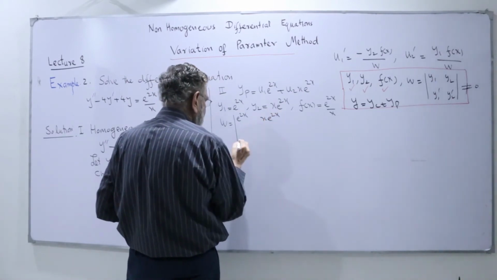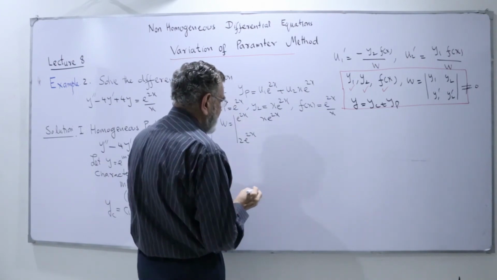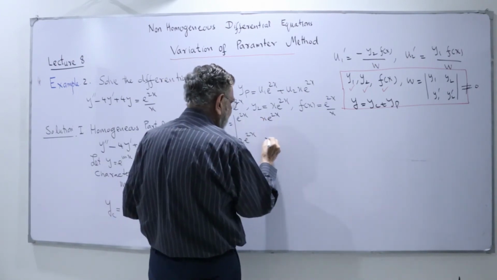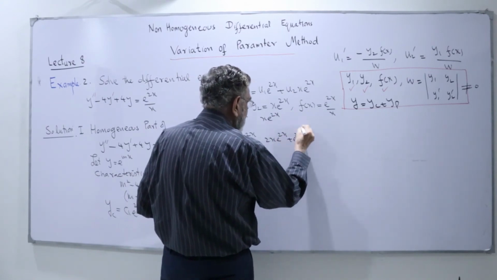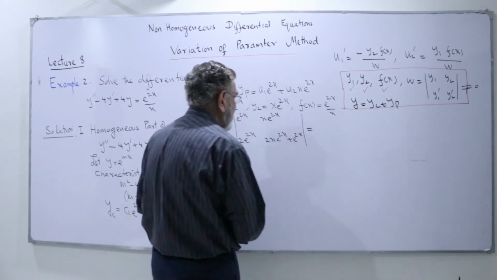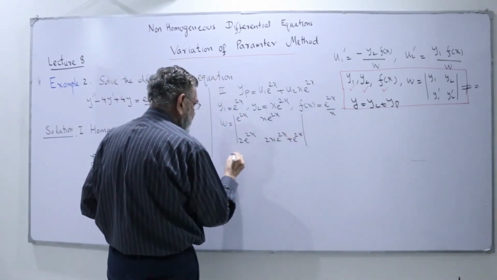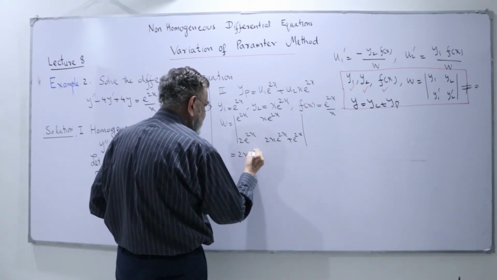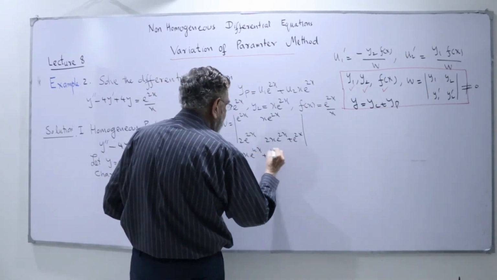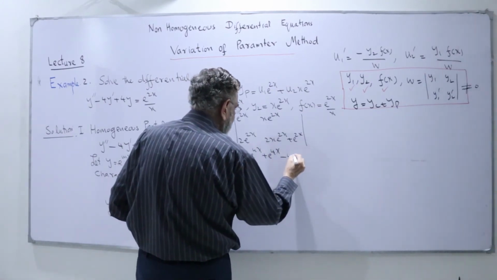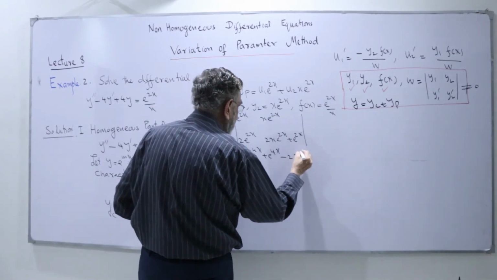What's my w? My w is the determinant with e to power 2x, x e to power 2x in the first row. We solve it: the second row is 2 e to power 2x, and the derivative of x e to power 2x is 2x e to power 2x plus e to power 2x. Now we simplify. Multiplying these, we get 2x e to power 4x plus e to power 4x, and then the minus sign gives minus 2x e to power 4x.